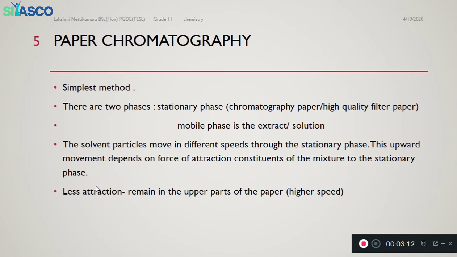Therefore, they cannot go further up the paper. When there is less attraction, the particles can move at a high speed. So then those particles will remain in the upper part of the paper.